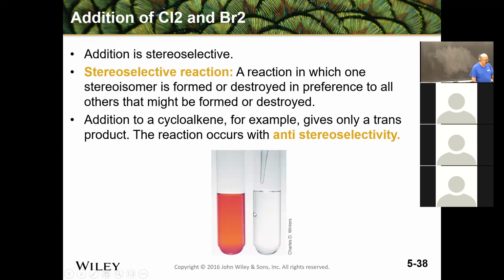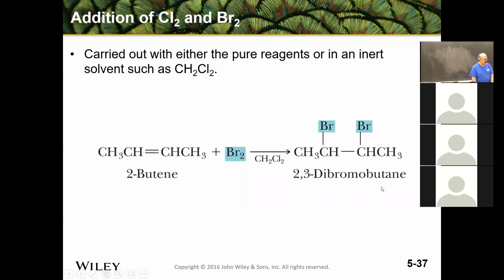And if that red-brown color disappears, that's an indication that the bromine added, because these dibromoalkanes are typically colorless. Bromine is red-brown, and then the product is colorless.